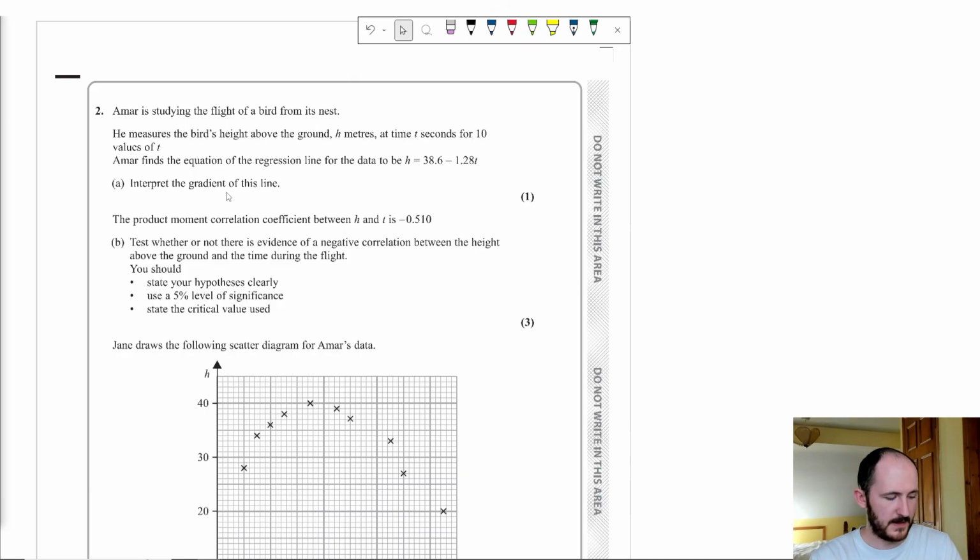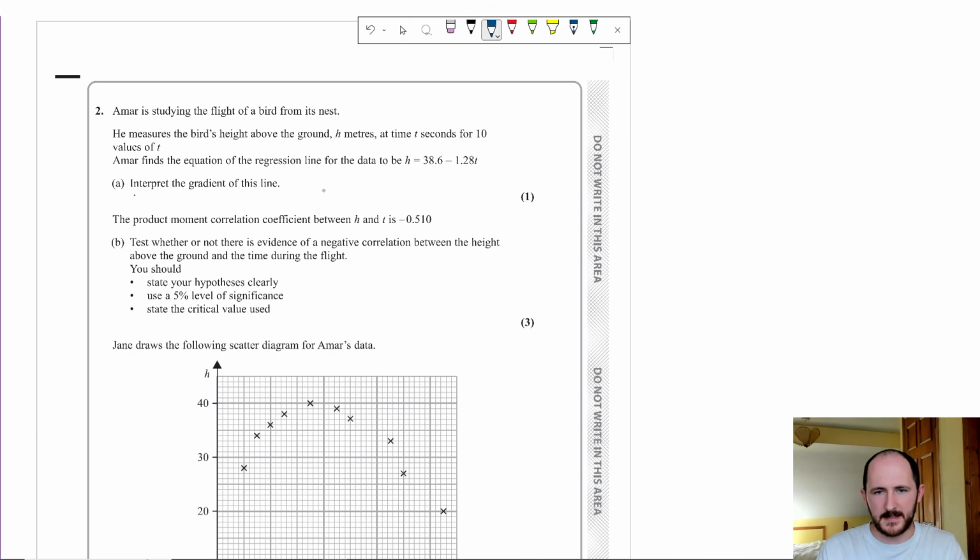Now again, you have to be very, very careful with this, because when you work this out, you need to be very specific about what the gradient is. It's not just, oh, it decreases by 1.28 meters, right? Although that is what's happening, you need to be very, very specific.